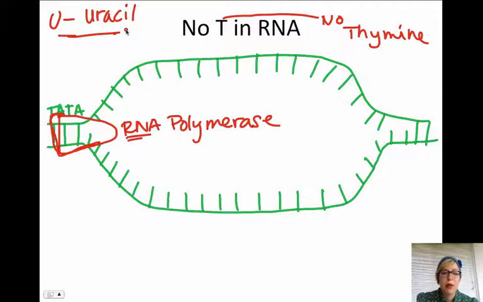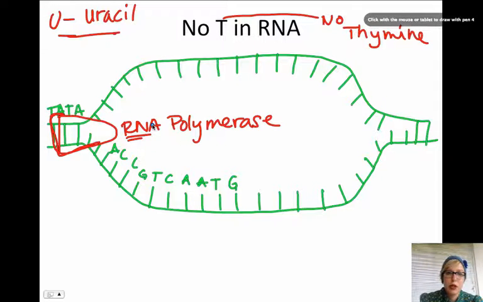So if our DNA sequence reads A, C, C, G, T, C, A, T, G, then our RNA sequence, let's make our RNA blue, is going to read not T, but U, because A normally pairs with T, but since there's no T in RNA, it's going to be a U for uracil.